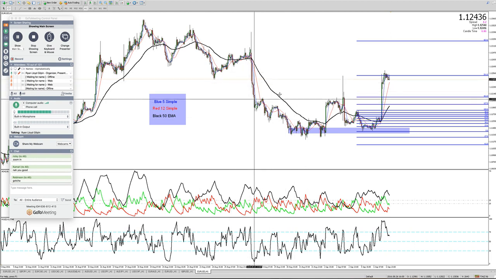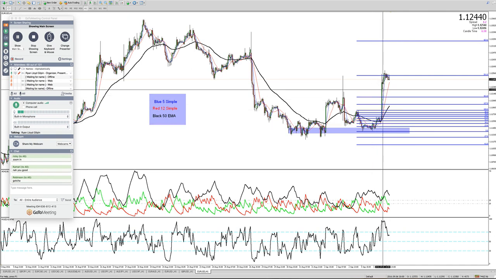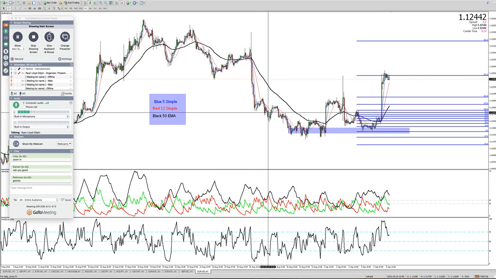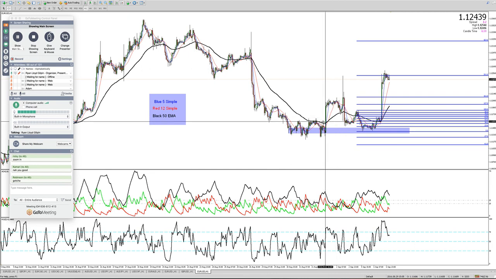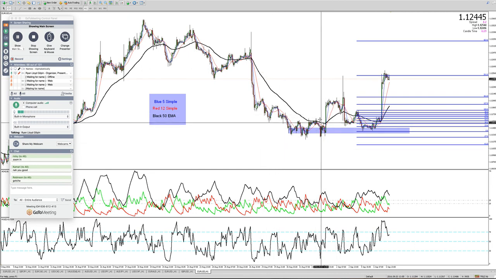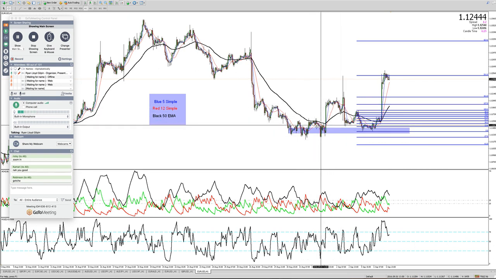So it could work both ways. As you see here, the blue moving average crossed over the red moving average, which gave a breakout to the upside. Blue underneath the red is downside. The black line is used for 2 different things: direction of trend changing, or a take profit.